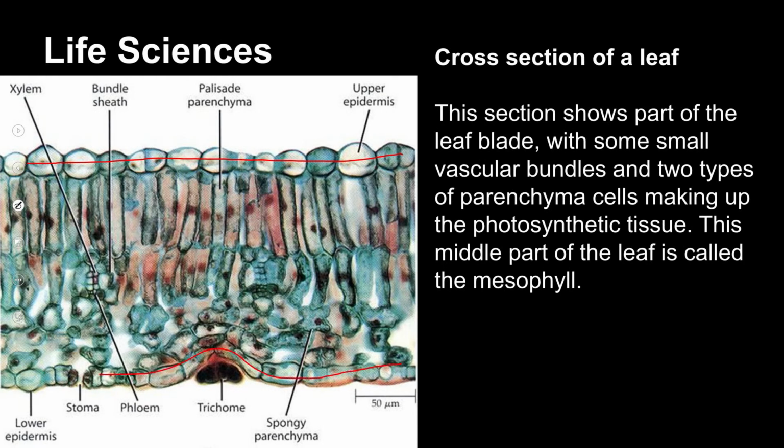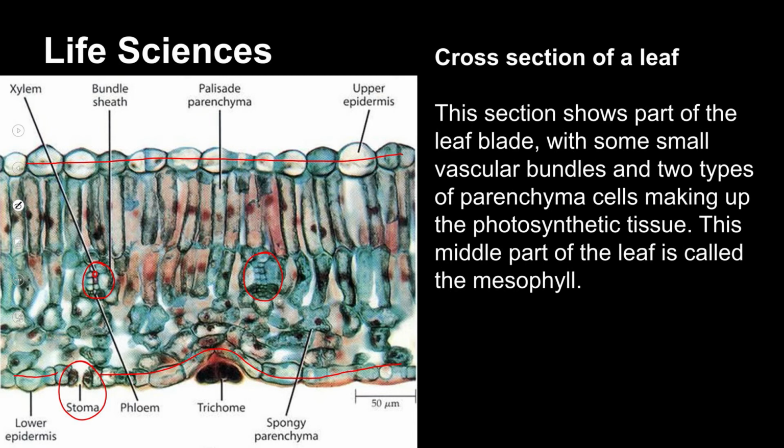Oh my goodness, look here. There's a hole in the lower epidermis, and that's something we've looked at before. That is one of the stomata, a little pore through which the gas can get into the leaf. Then we find funny little patches here, and those are side veins or vascular bundles containing xylem with its thicker walls and phloem with its thinner walls.